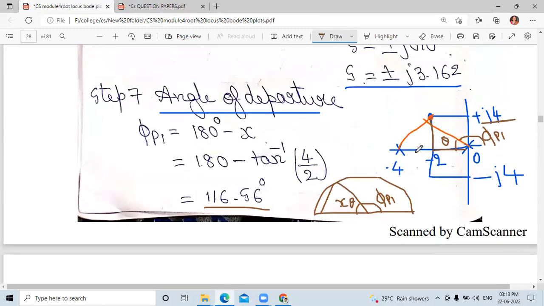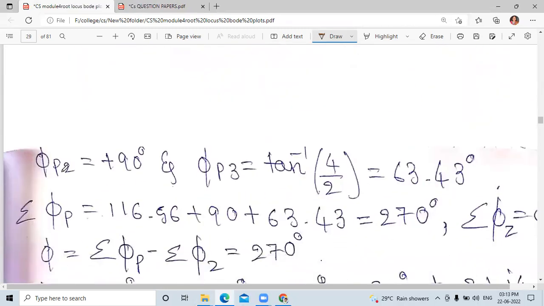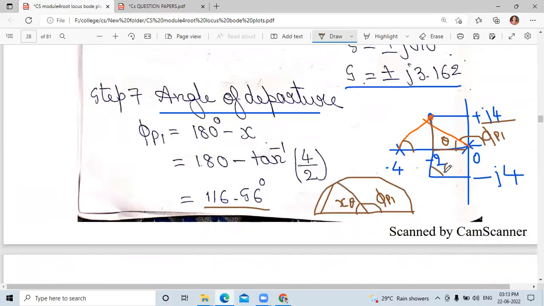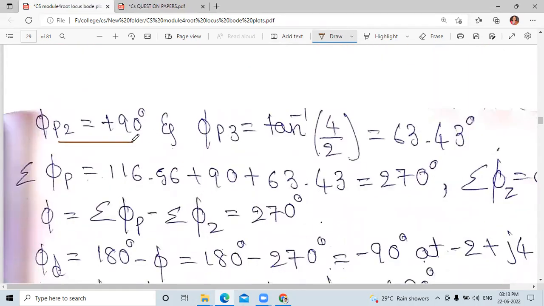Next, similarly, we need to find phi 2 and phi 3. Phi 2 is nothing but 90 degrees, since it is a straight line.